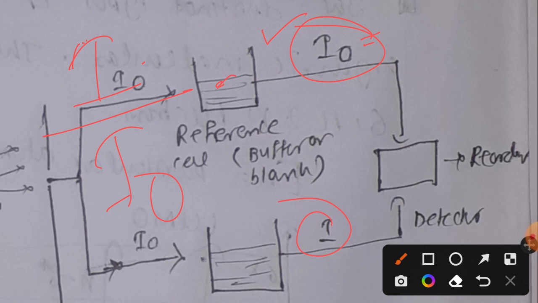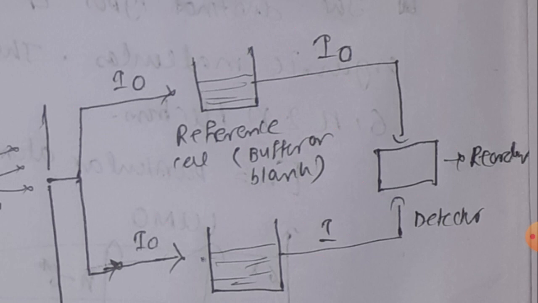So our detector will give the value in the ratio of I by I0. This ratio is known as transmittance, that I have discussed in our Lambert-Beer law video, right? So I am again mentioning transmittance, that is, the ratio of the intensity of the transmitted light by the intensity of the incident light, right?